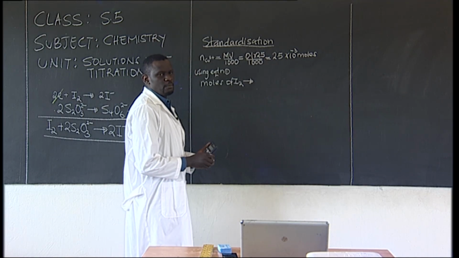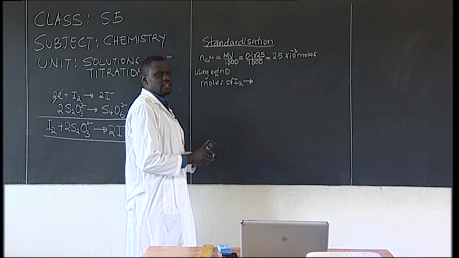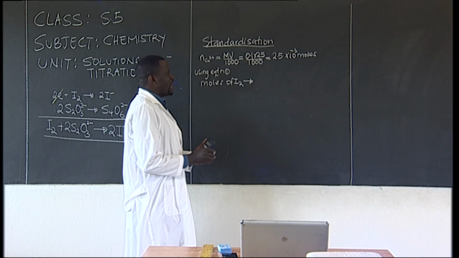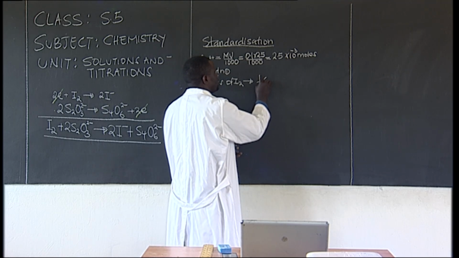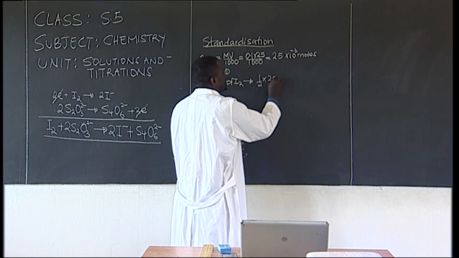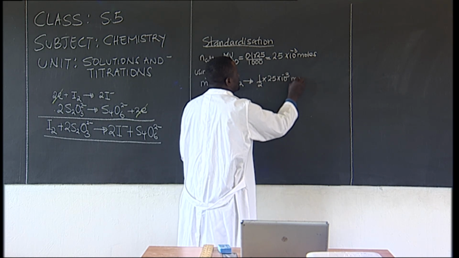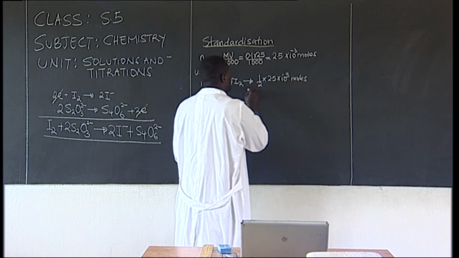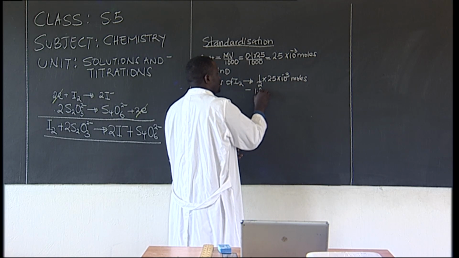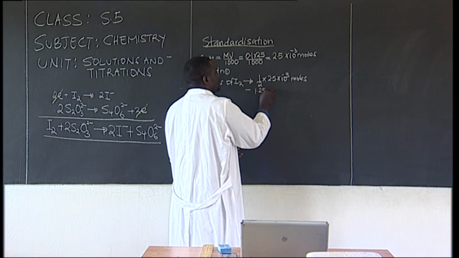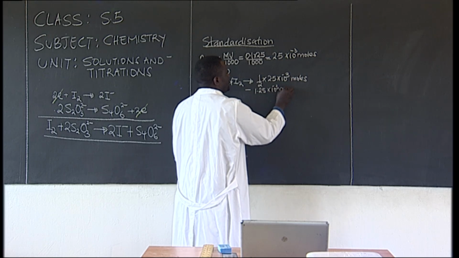Using the mole ratio, this will be a half, 1/2 times 2.5 times 10 to the power negative 3 moles. So our value here will be 1.25 times 10 to the power negative 3 moles.